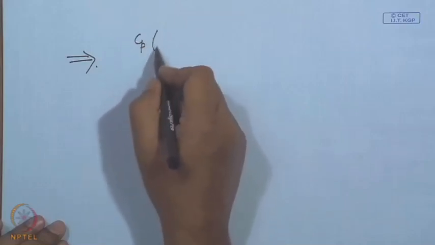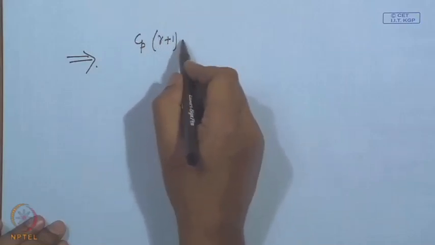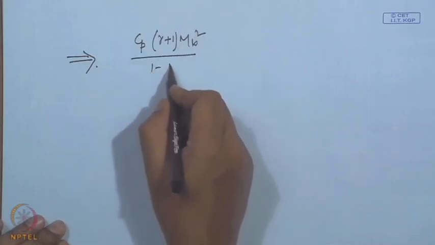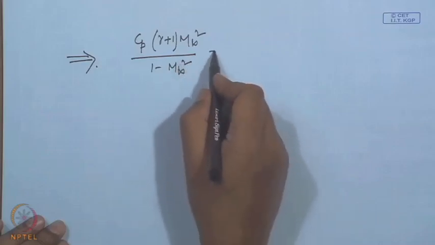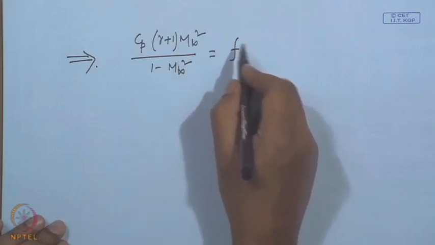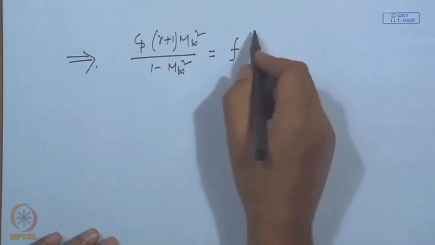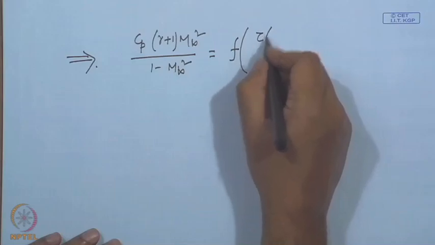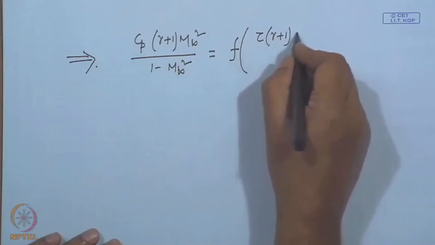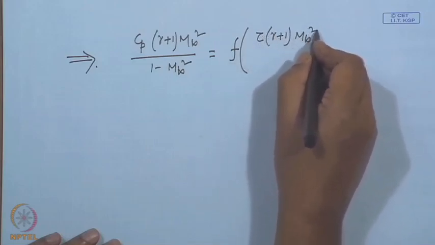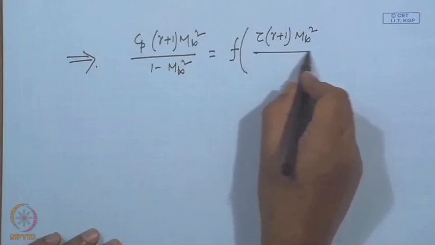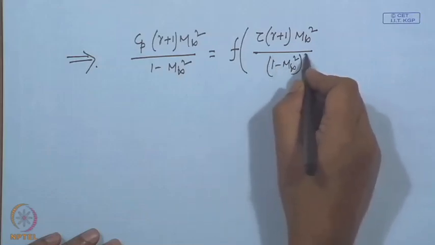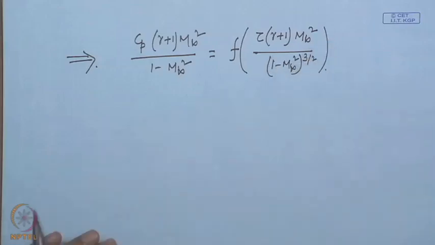for Cp we substitute gamma plus 1 M infinity square by 1 minus M infinity square is function of tau into gamma plus 1 M infinity square by 1 minus M infinity square to the power 3 by 2.